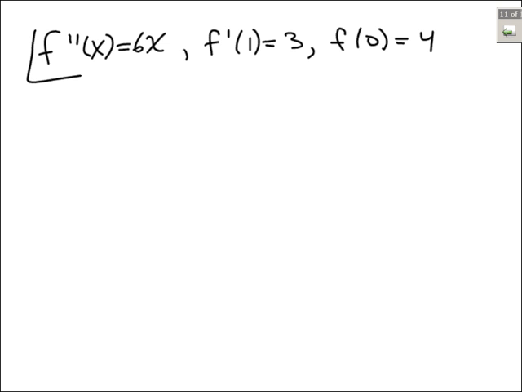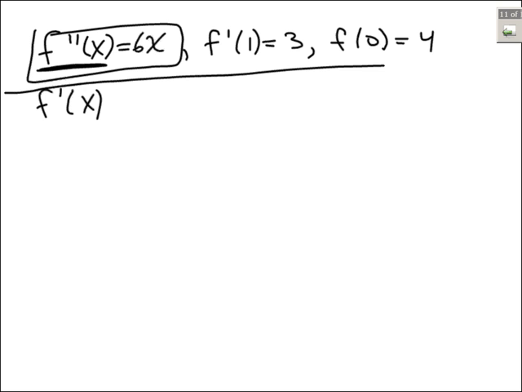So we basically work with this. If I take the antiderivative of the left side, it gives me f prime of x, which is good. I'm getting closer to f of x. The instruction is, given everything above this line, find f of x. Okay, I took the antiderivative of f double prime of x, and got f prime of x. The antiderivative of this gives me 3x squared.